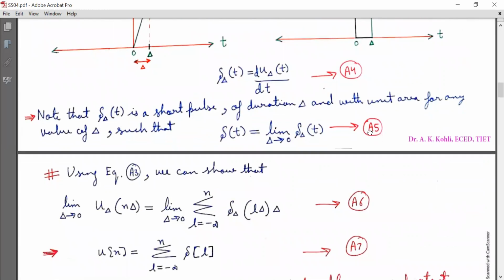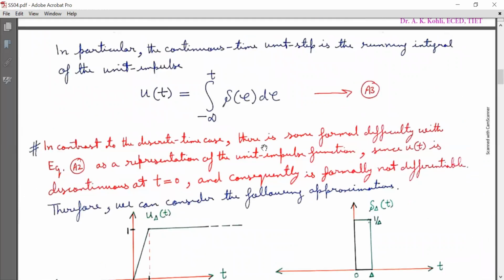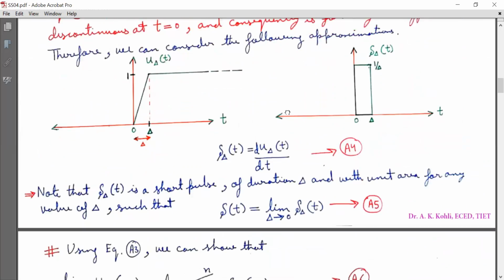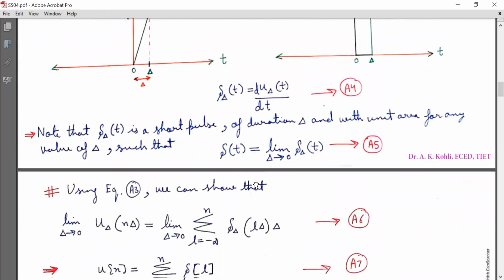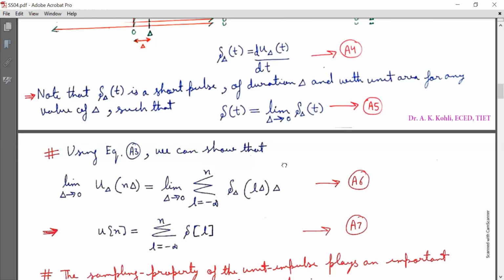Using equation A3, we can show that the limit as uppercase delta tends to 0 of u subscript uppercase delta of n times uppercase delta is equal to the limit as uppercase delta tends to 0 of the summation, L running from minus infinity to n, of delta subscript uppercase delta of L multiplied by uppercase delta.